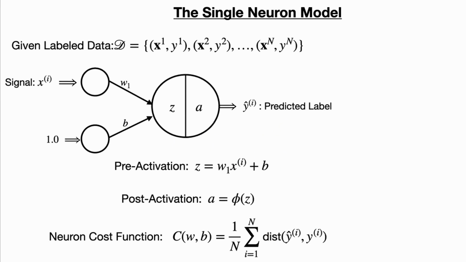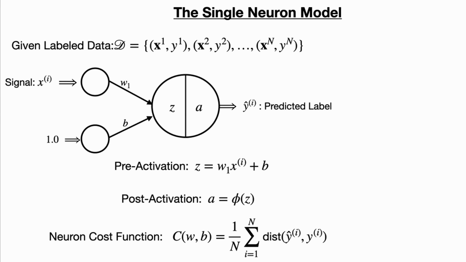More or less, you can think of it as this model takes in an input signal, weights it, and then that weighted sum of the input signal is stored in half of the neuron, and that's called the pre-activation value. The second part of the neuron is called the post-activation value, and this is a value that is determined by what's called an activation function.